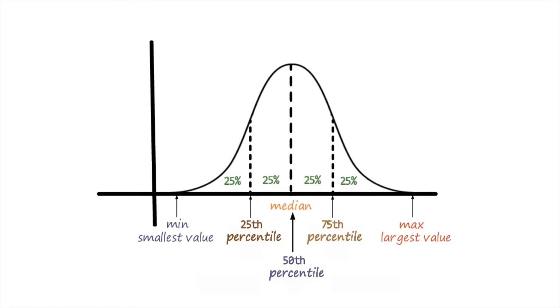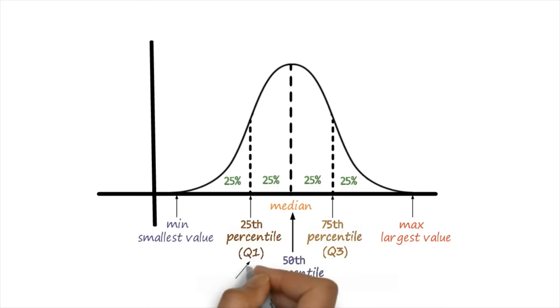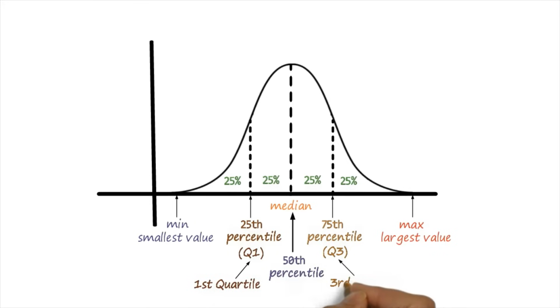So basically, in the case of dealing with IQR, whenever we are dividing the data distribution into four equal parts, then this 25th percentile is also known as Q1. And this 75th percentile is also known as Q3. It is known as the first quartile, and this is known as the third quartile. Right?